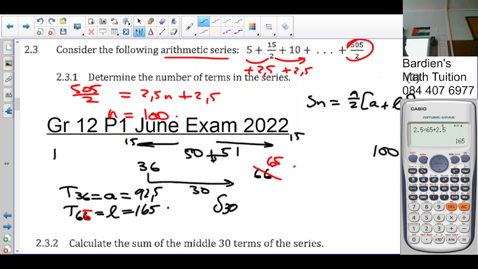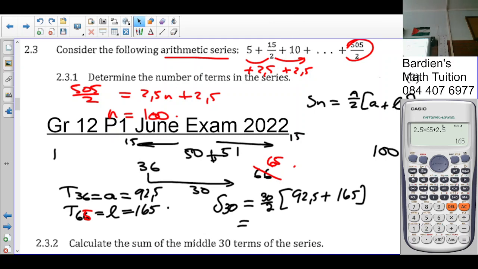So that would simply give us 30 over 2 into 92.5 plus 165. That's going to give us 3862.5.